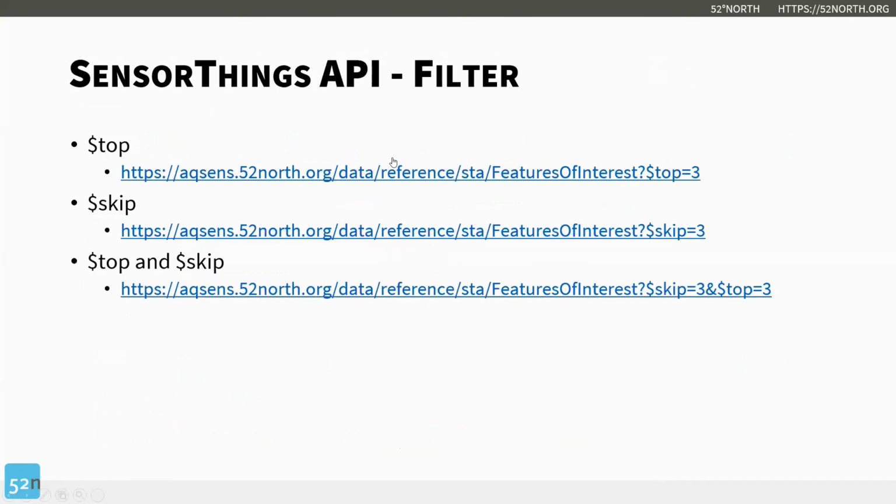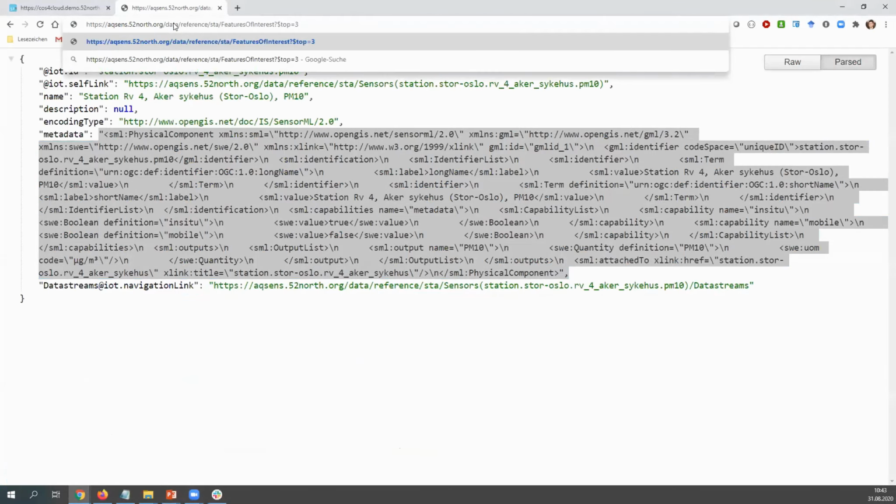And then let's try again a bit with the filters that we have. So we can use filter parameters such as top and skip for doing some paging. Let's do that in practice. So I will take the first one, let's insert it in here.